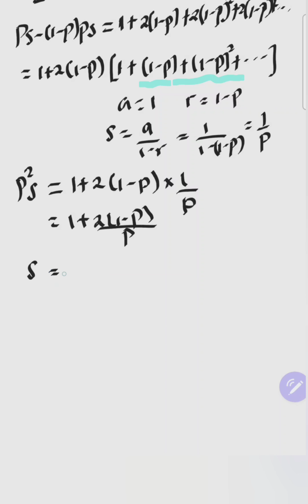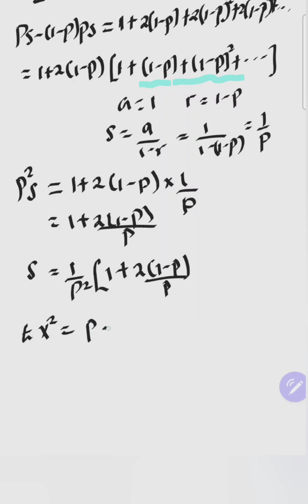And here, my s is going to be 1 over p squared times 1 plus 2(1 minus p). So now, going back, we have the expectation of X squared to be p times s, which is the same thing as p times 1 over p squared, 1 plus 2(1 minus p) over p.